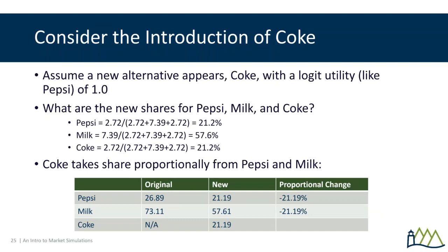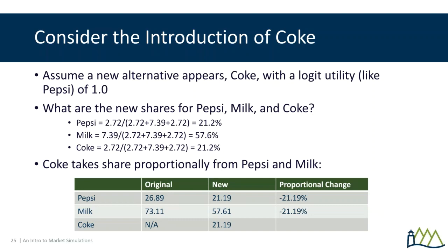Now, we would normally expect that Coke is going to compete with Pepsi, but if we go through and compute the shares given Coke, we see that Pepsi's share now goes down to 21.2, and Coke's share is equal because it had the same utility, and milk share has gone down to 57.6.